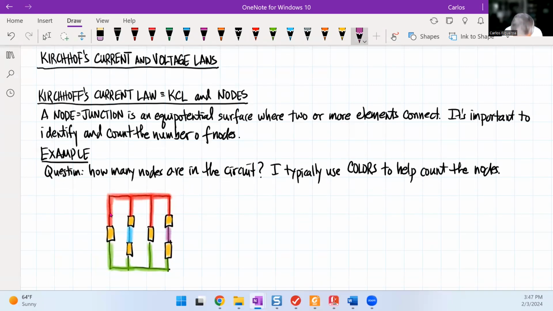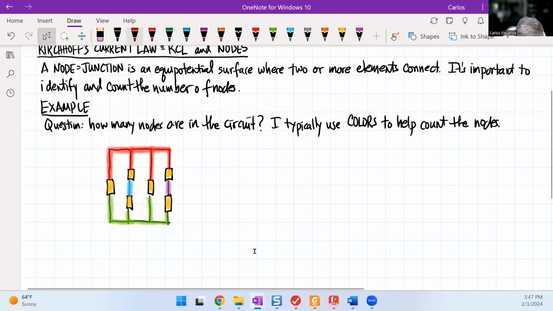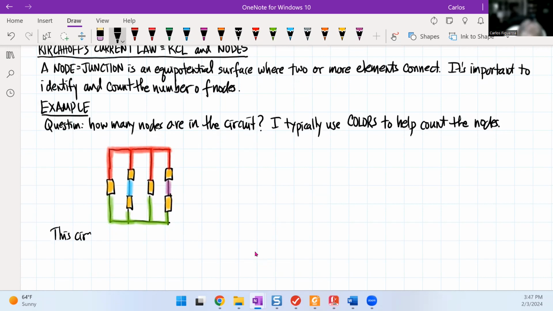So we can see here is that this circuit has 4 nodes. And coloring really makes a difference here.